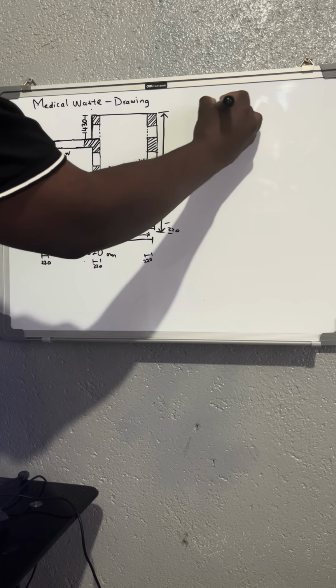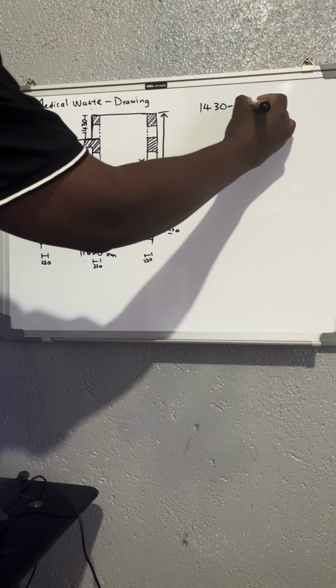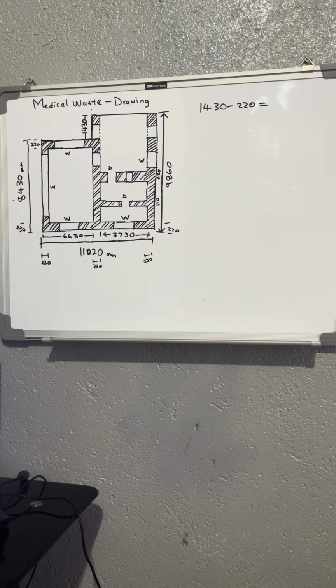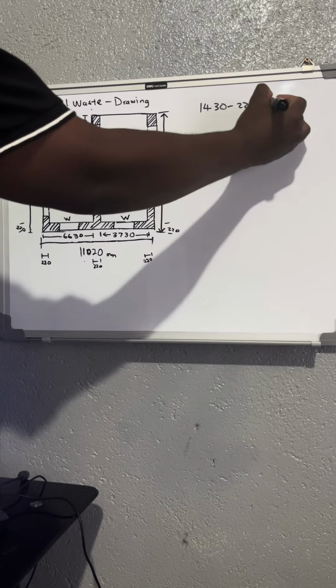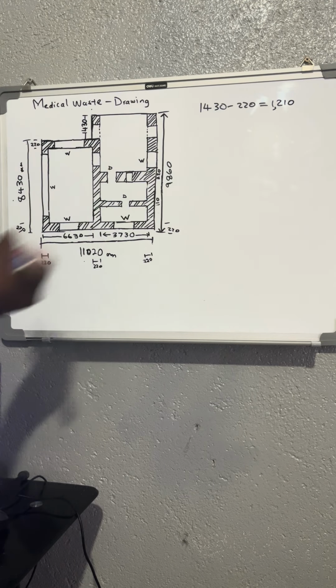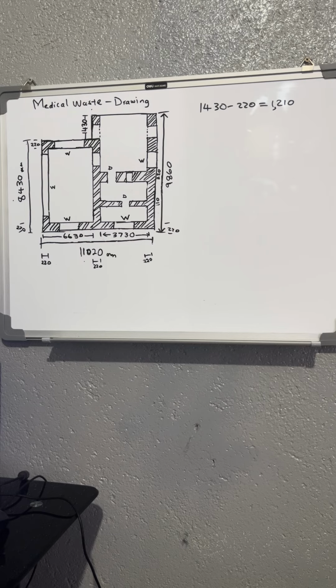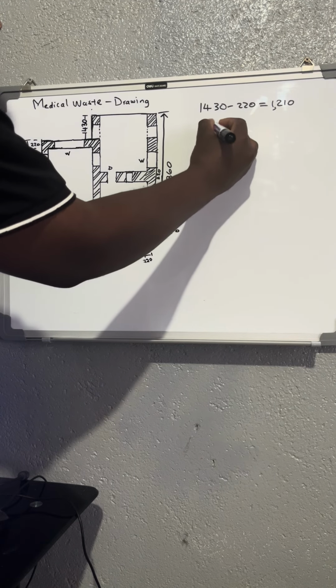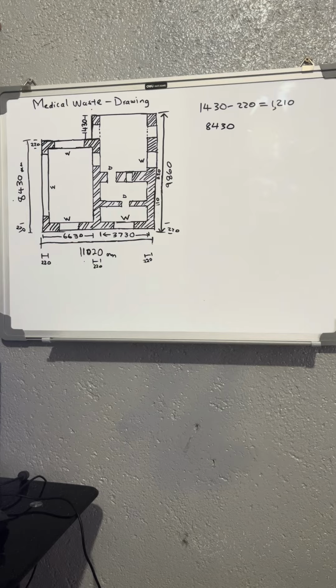So we will have our 1430 minus the 220, which is the corner. Then this will give us 1210, which divided by 1000 is 1.21. Remember, we're working in meters. Then now we're going to have this 8430.